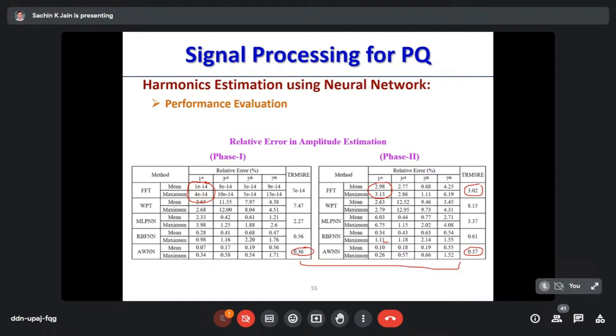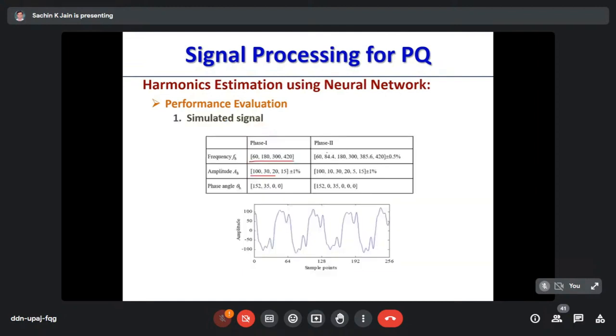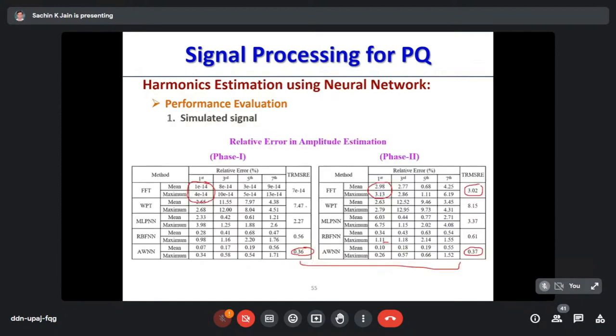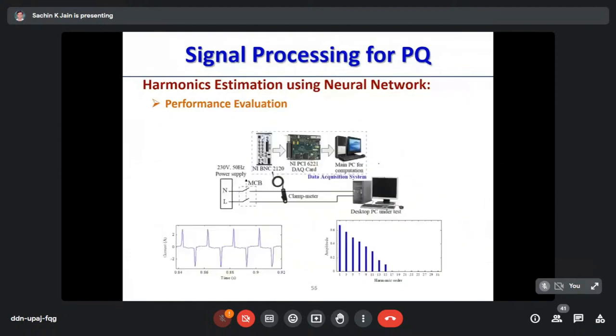When frequency has deviated from its nominal frequency, the performance of the Fourier transform, which was exceptionally good in ideal conditions, has deteriorated this much in practical scenarios. And that's why this is considered to be a better option.